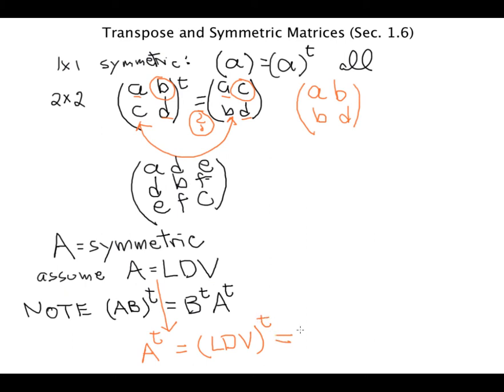And by the comment I just made, that's the same as the transposes in the reverse order: V transpose D transpose L transpose. And we're assuming that A is symmetric, so let's write this as equal to A.